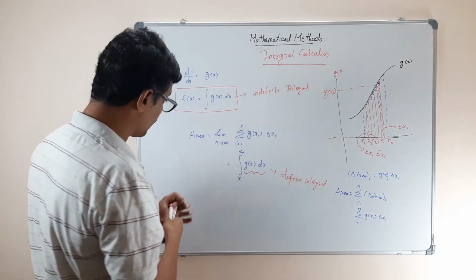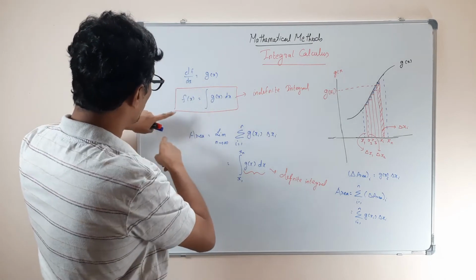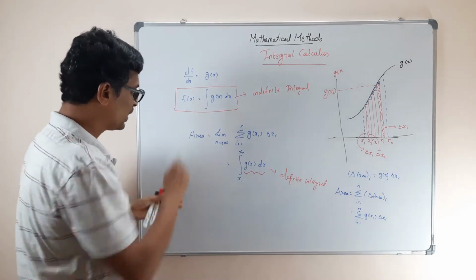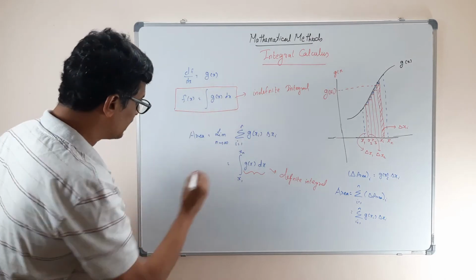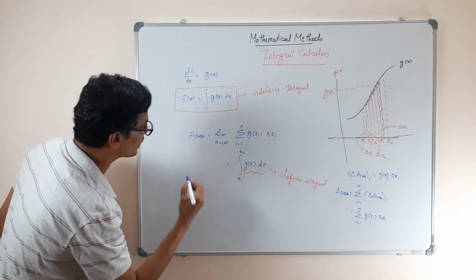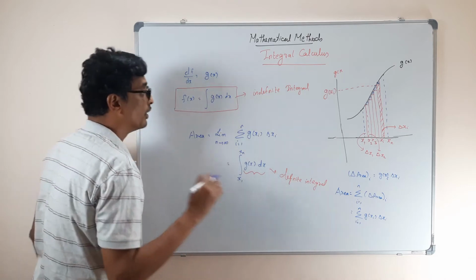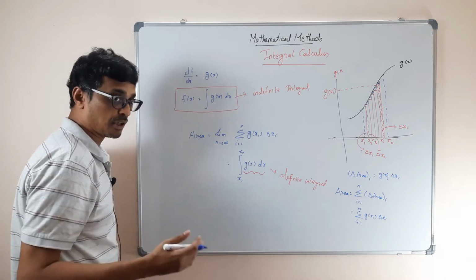I want to tell you one more thing. Integration of g of x equal to f of x, for example. I'm trying to take the same analogy here. That also comes from the fundamental theorem of calculus, which you will probably study in your 12th standard.